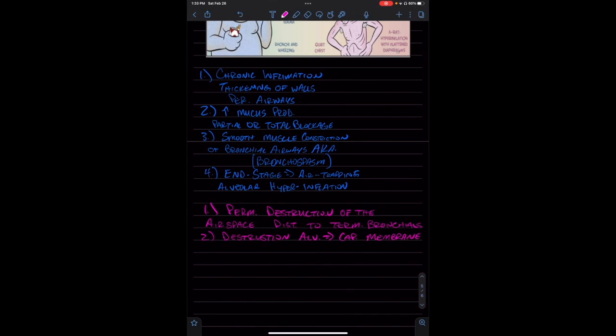Then you have weakening of the distal airways. With all that destruction, if you were to think about tunnels or bridges, and you lose some of the structure to those, then they're not going to work as well as they should. A lot of times they may crush or crumble. So you'll have weakening of the airways, and that is another byproduct of the destruction that's going on.